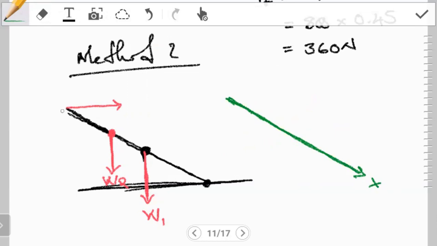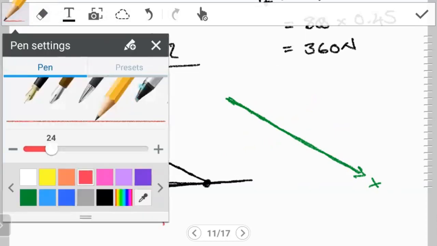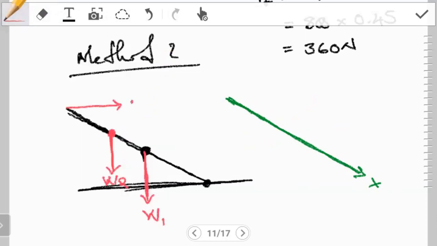Let's start with N2, for example. What we notice is that N2, according to our plane here, is actually at an angle to this axis. So N2 is in this direction.